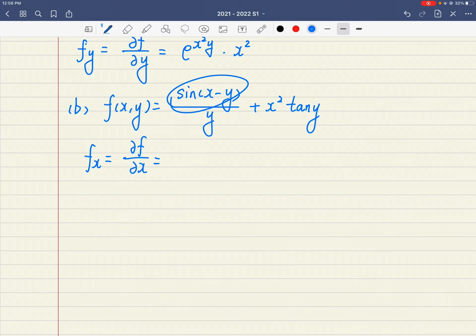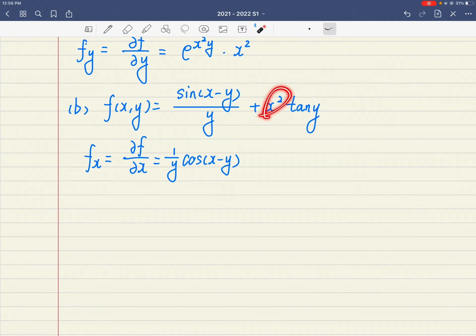So for this part, you differentiate sine, you get cosine, and because y is just a constant, you can just leave it as 1 over y. Then for this part, you differentiate x squared, you get 2x, and tangent y is just a constant.